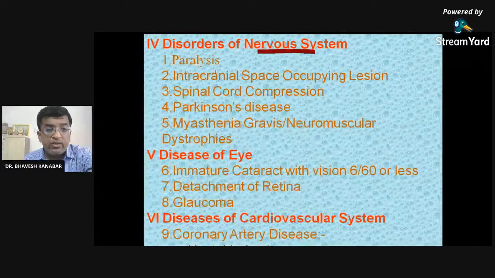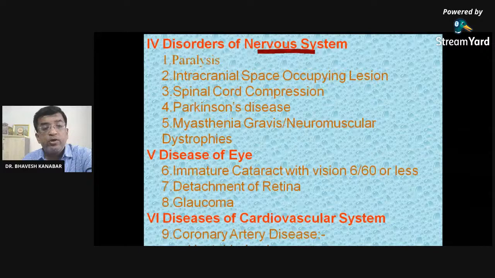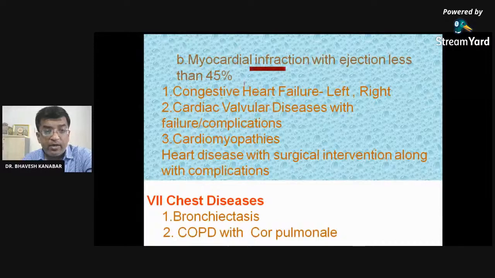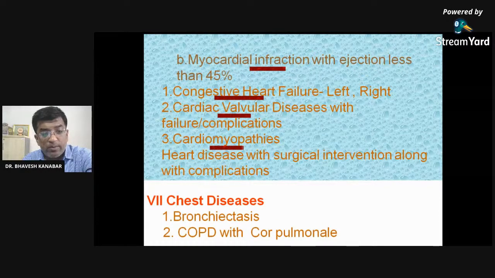Then disorder of the nervous system, including paralysis, intracranial space occupying lesions, spinal cord compression, Parkinson's, immature cataract with vision of less than 6/60, retinal detachment, glaucoma, coronary artery disease, unstable angina, MI, right? CHF, valvular diseases, cardiomyopathy, bronchiectasis, COPD with cor pulmonale.